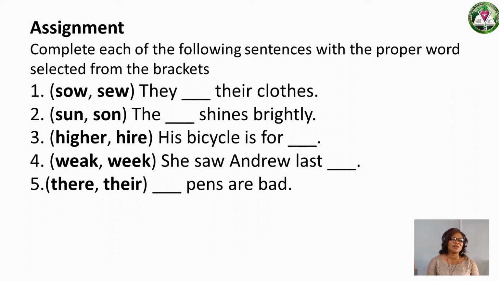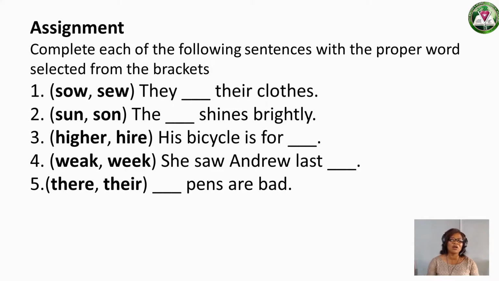Number 2, the dash shines brightly. We have two options, S-U-N and S-O-N. Number 3, his bicycle is for dash. You have H-I-G-H-E-R and H-I-R-E. Choose the correct answer and fix it in the gap.